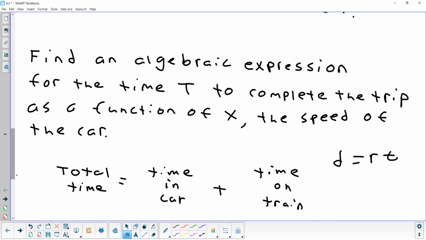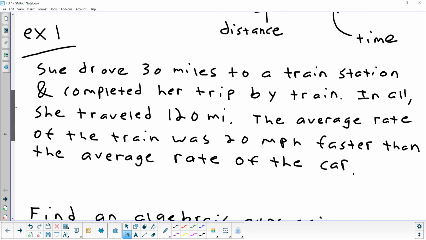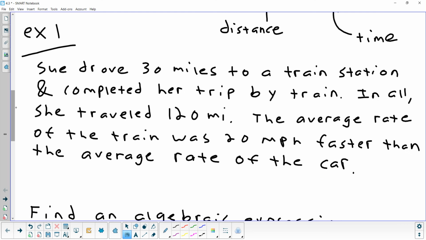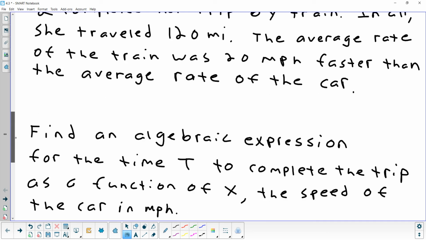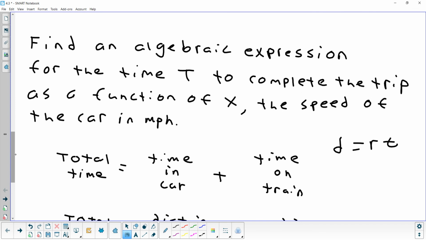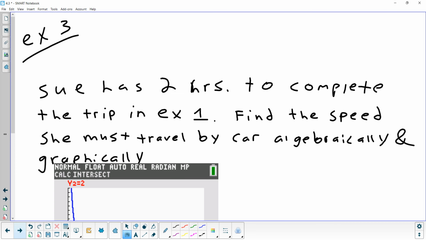So what we probably should add, just to clarify, is let x be the speed of the car in miles per hour. Now we know we're dealing with hours. Any questions on that? All right. So now what did it say to do?